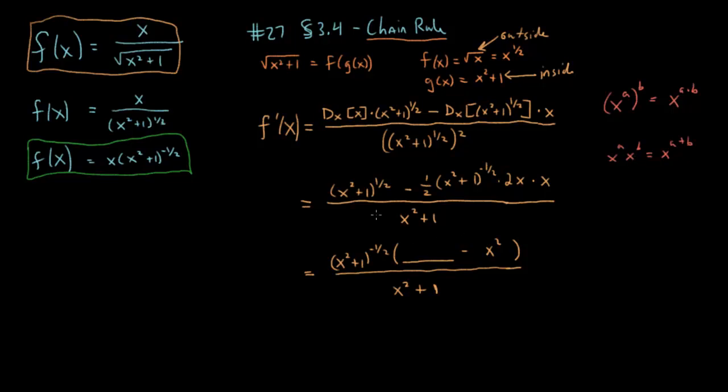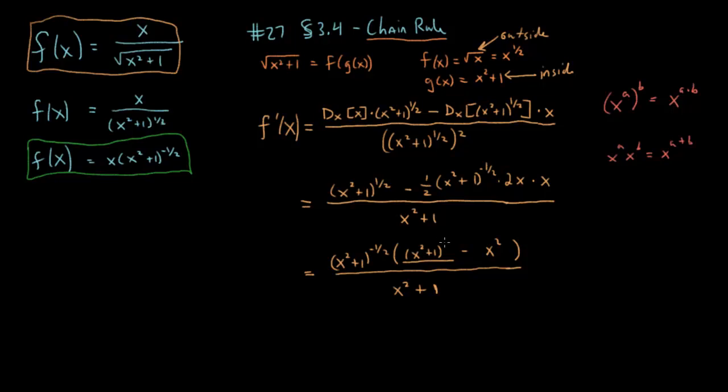Okay? So I need to write in that blank x squared plus 1 raised to some power such that if I was going to multiply this term by this term, I would add the exponents together and get a positive 1/2.